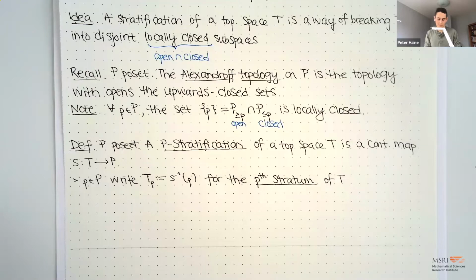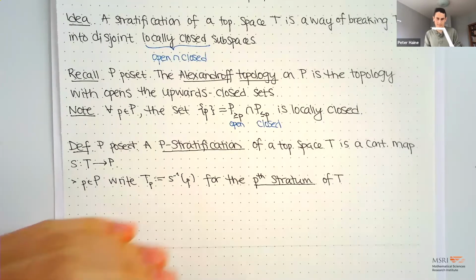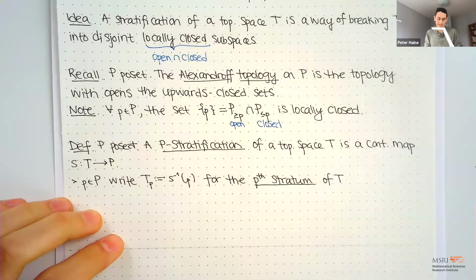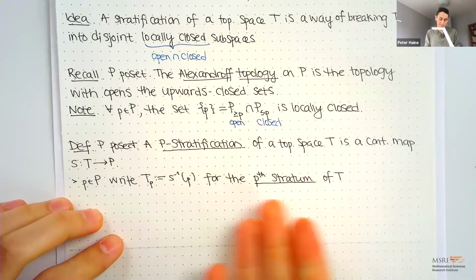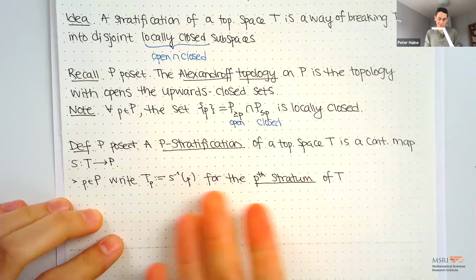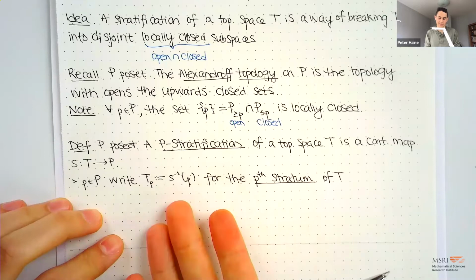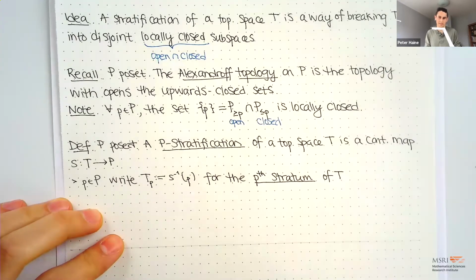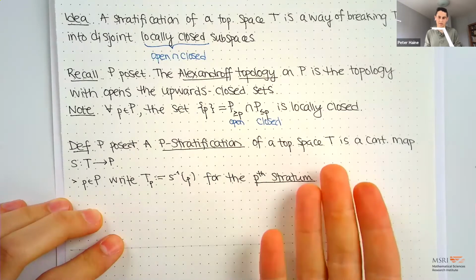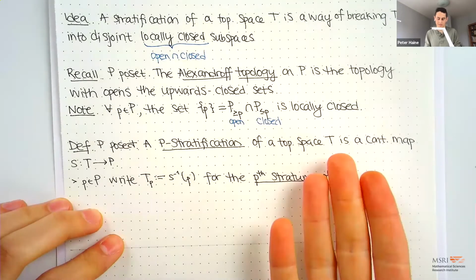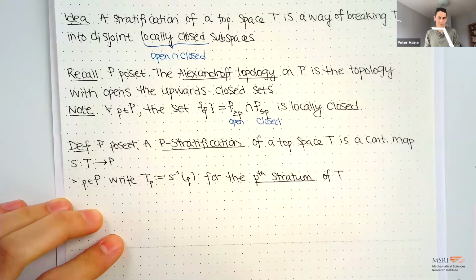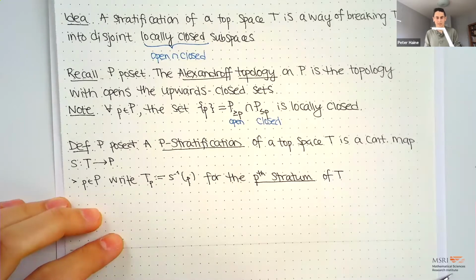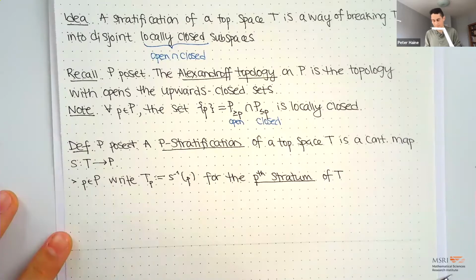And one observation, which we'll make more precise in later talks, is that this makes sense for every topological space, and it works well for the types of topological spaces that arise in algebraic geometry, like the underlying Zariski topological spaces of schemes.